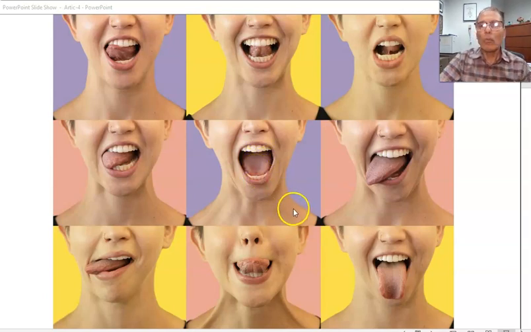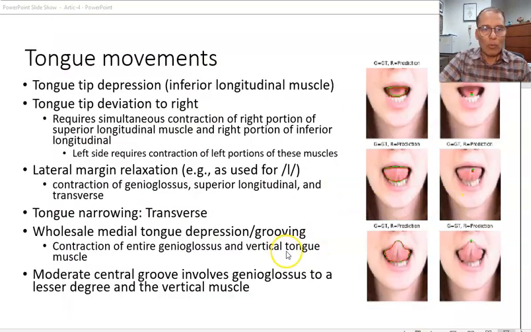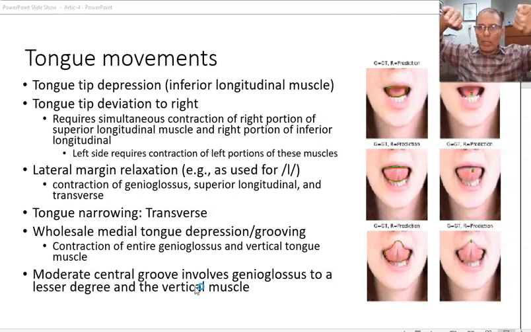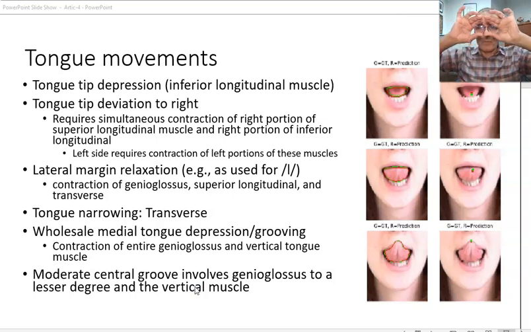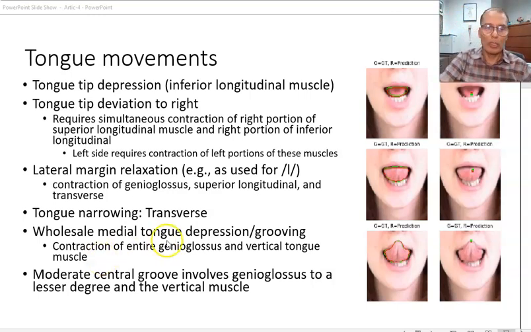You do more if you produce certain sounds. Moderate grooving involves the genioglossus and, to a lesser degree, the vertical muscle. As I mentioned, the vertical is going to flatten the tongue, and in order to groove, you are actually expanding the surface of the tongue. So where do you get the tissue to expand it? It is by contracting the vertical to make it thinner, and then it gives you more tissue to spread for the grooving part.